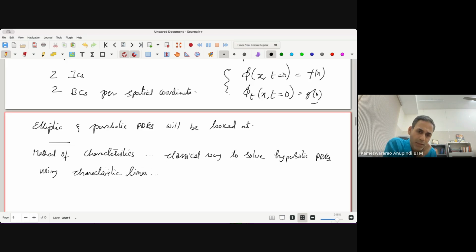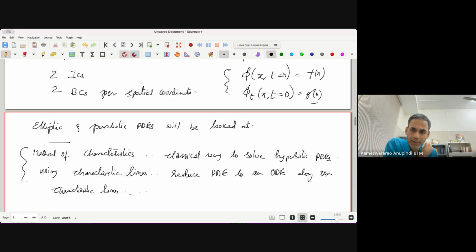So what this does is it is going to reduce the PDE to an ordinary differential equation along the characteristic lines. Okay, and using this we will be able to solve the ODEs to obtain an answer. Okay, so that is the original classical method of characteristics.